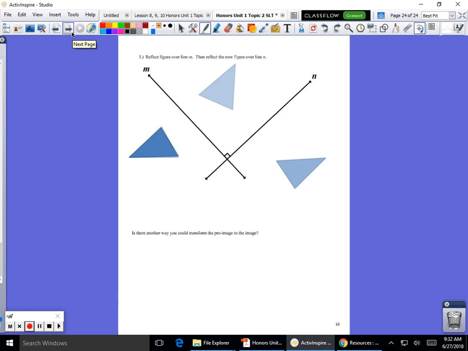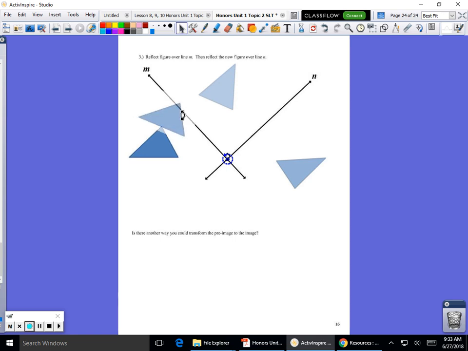Okay, what about this? Reflecting over line M and then reflecting that new figure over line N. So now what happens if we reflect over perpendicular lines? If I reflect here and then I reflect there, is that the same as taking this and rotating? Okay, so this is kind of like that 180 degrees, right?